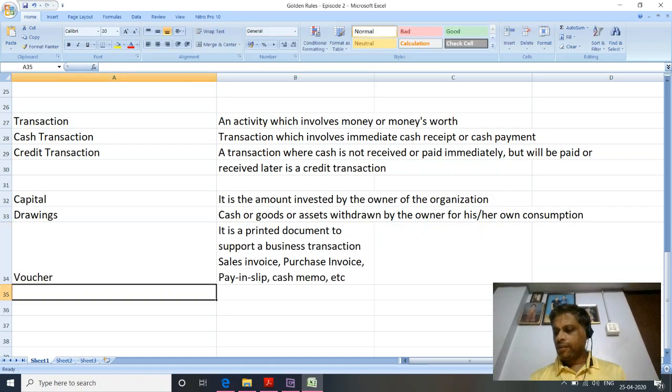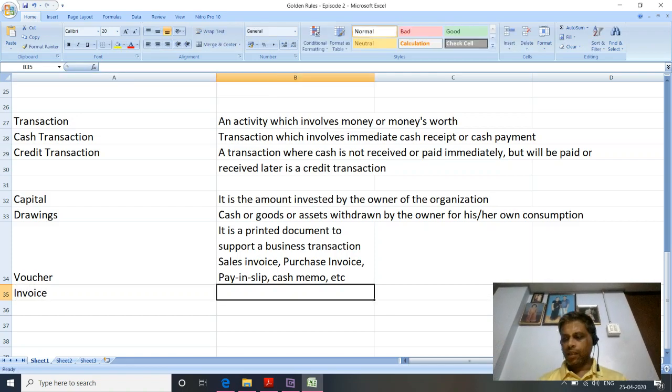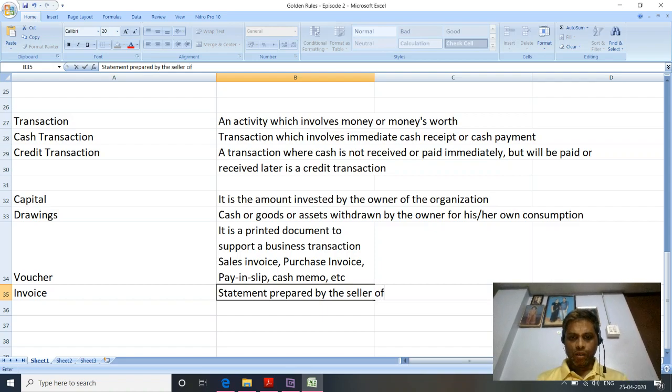Then, what is an invoice? Invoice is a statement prepared by the seller of goods to be sent to a buyer.